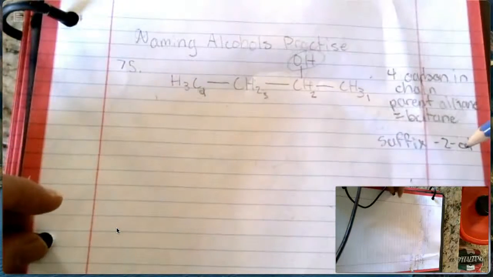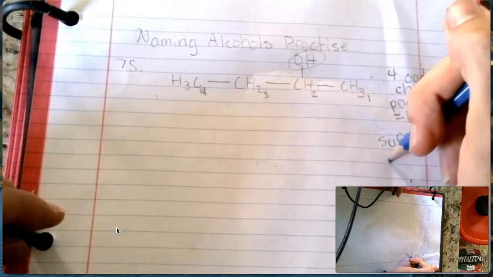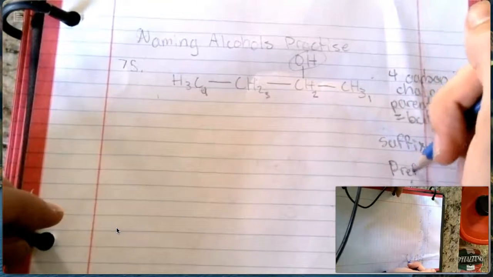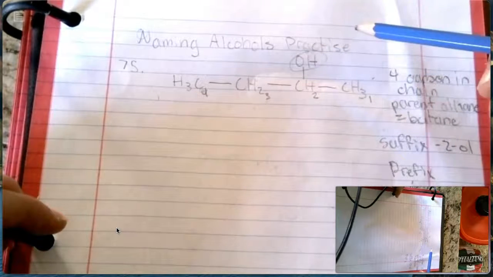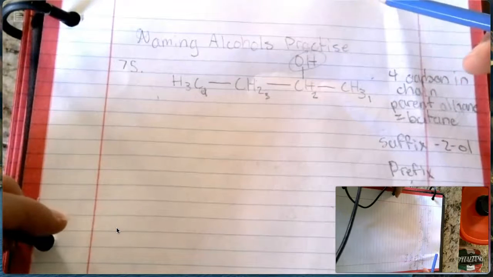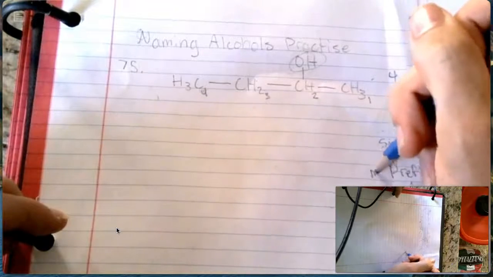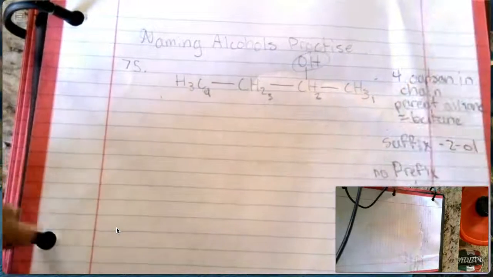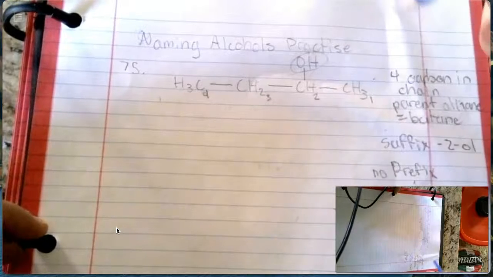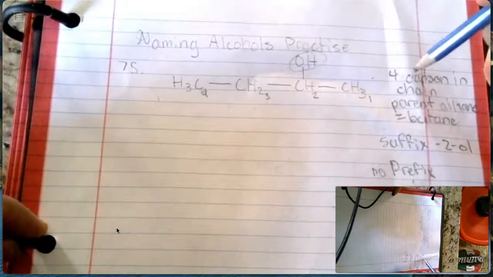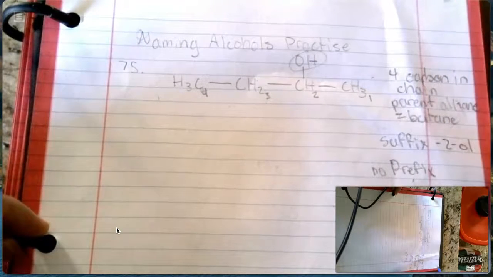Our next step was identifying the prefix. But if we look at our compound, we notice that all the atoms or all the elements are already being used, so that means there is going to be no prefix. The final step in naming alcohols is combining the root, the suffix, and the prefix to name your alcohols.